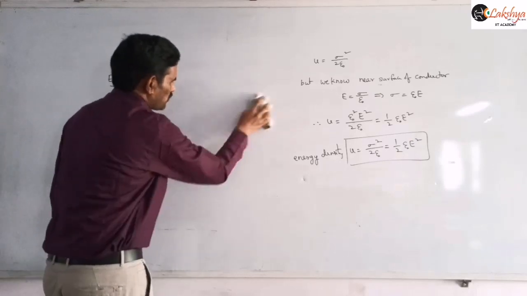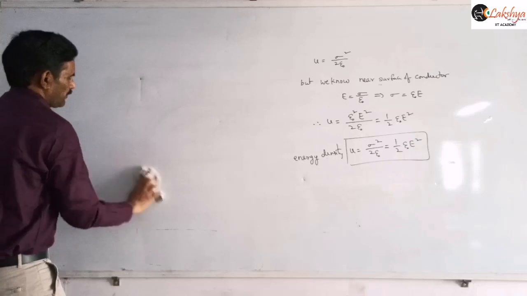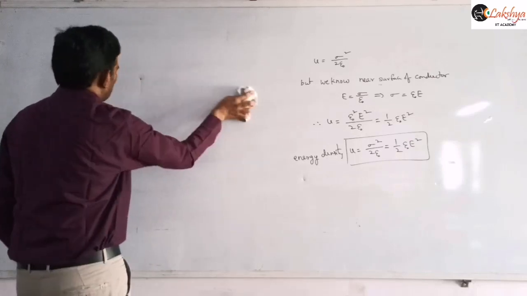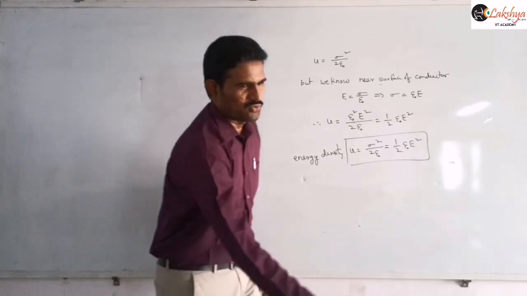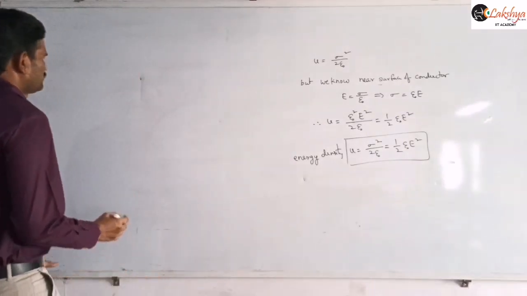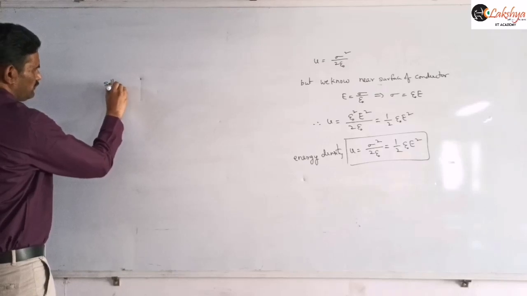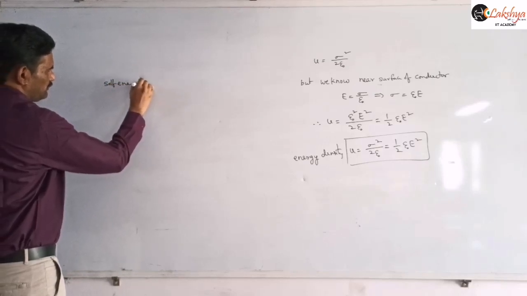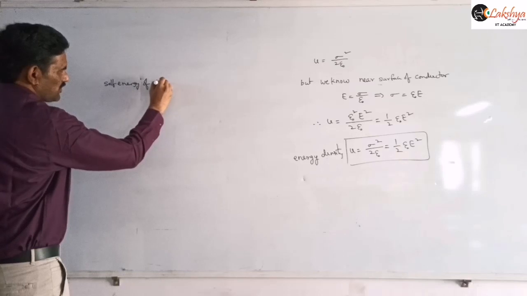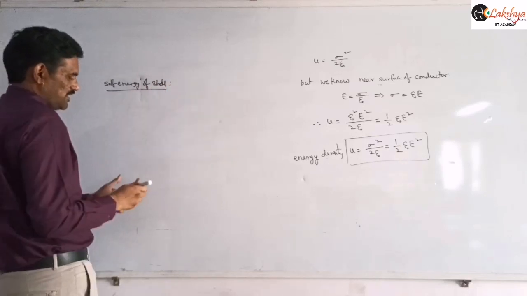I will explain the shell, then you can do the solid sphere derivation. This we already derived; I am just explaining how to derive energy by using this energy density formula.